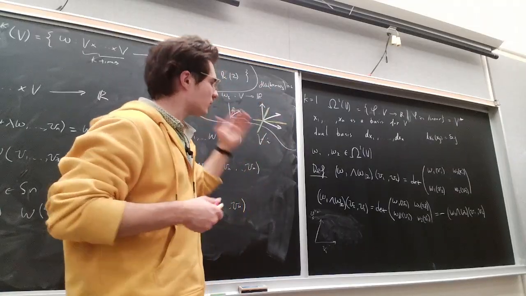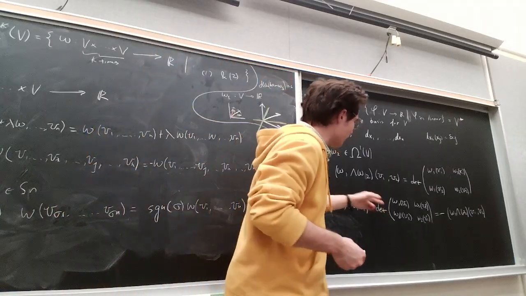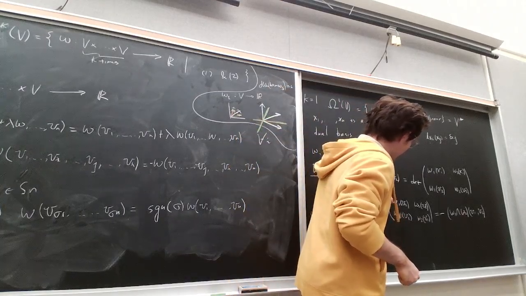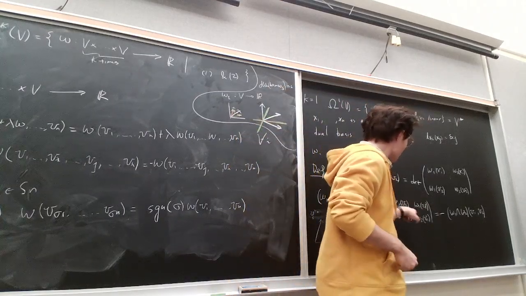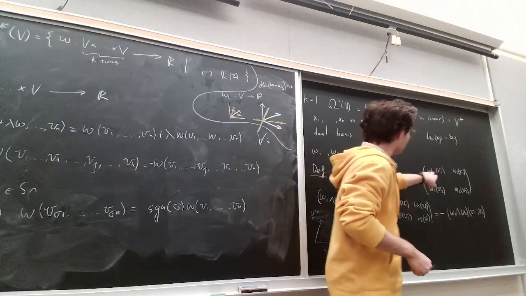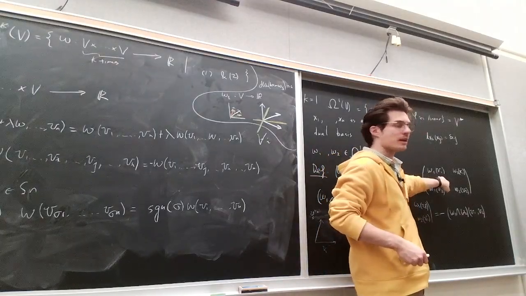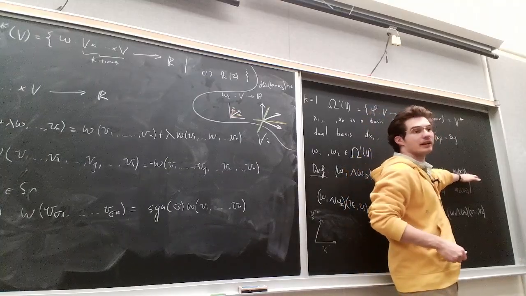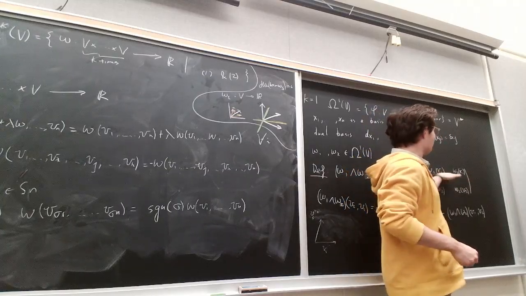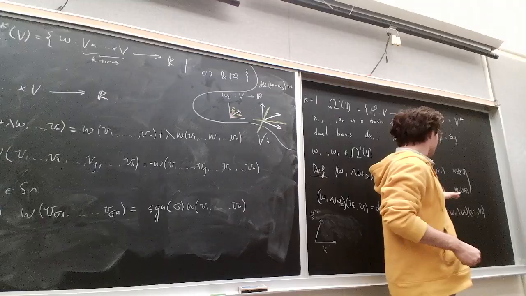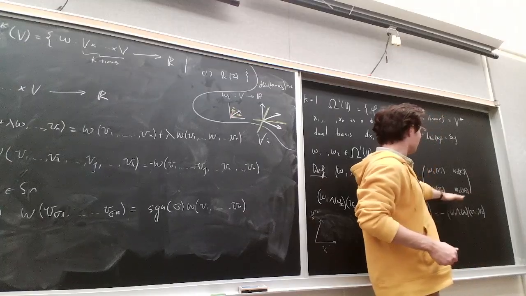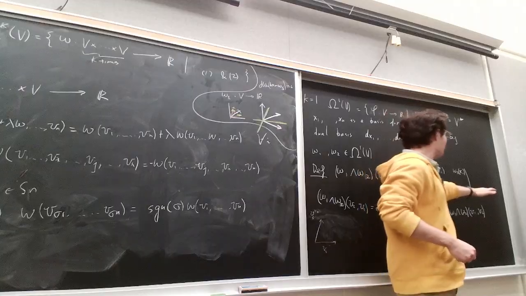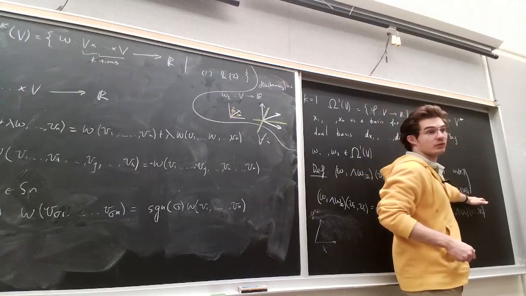So what is the determinant here? Let's look at the rows. I take vector v1, project it onto the omega 1 line, and then project it onto the line given by omega 2. Then for vector v2, I project it onto the omega 1 line, and then onto the omega 2 line.